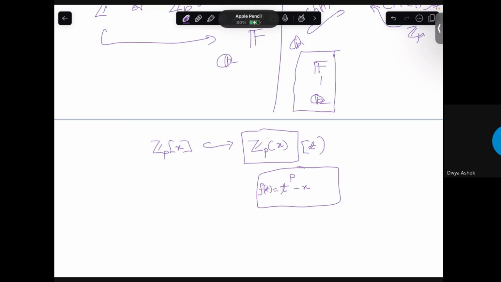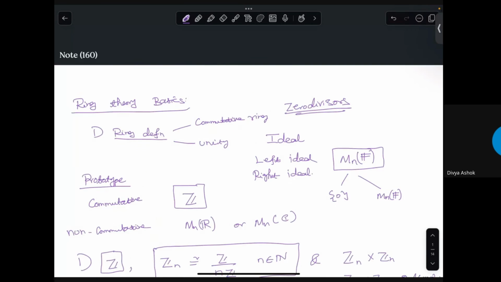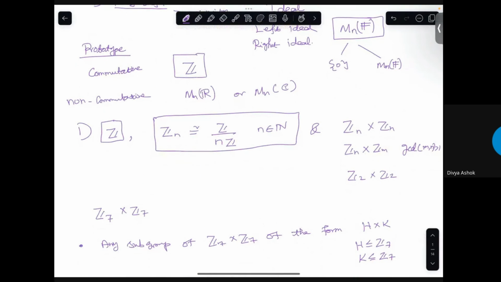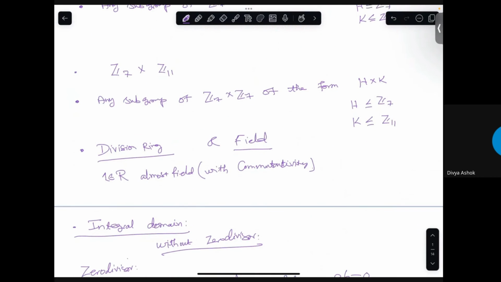Even though you see that today I did not even talk about ideals, maximal ideals or prime ideals and certain other things, even at the level of basics, what are the things I talked about today? Let us summarize from the beginning. We started with the definition, then a lot of things, like the division ring definition.